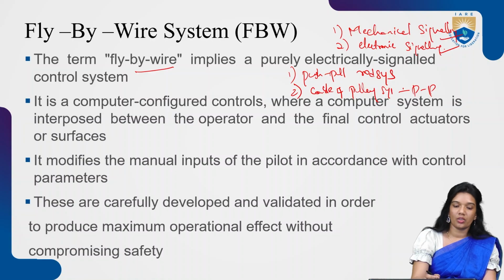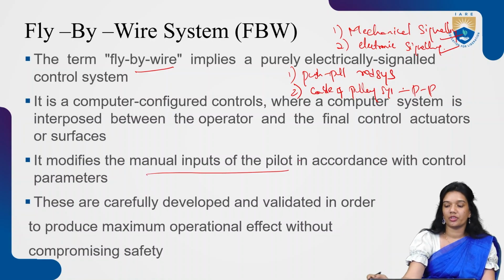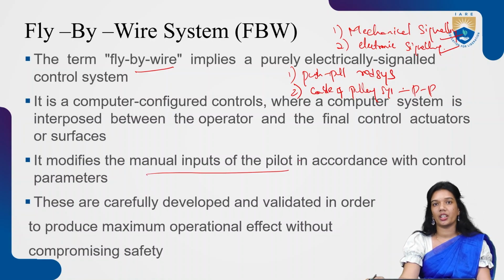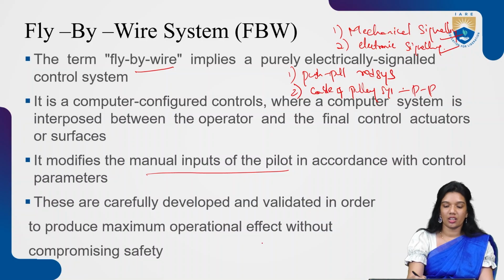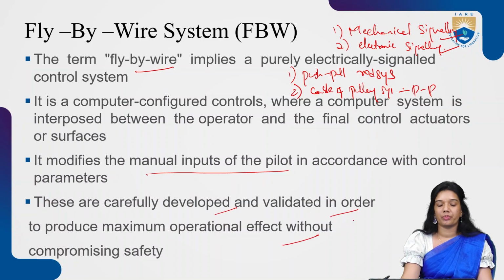It also modifies the manual inputs of the pilot in accordance with the control parameters. Before the information is passed on to the next lane, the parameters are properly checked, and only then is there an output. These are all carefully developed and validated to produce maximum operational effect without compromising safety.